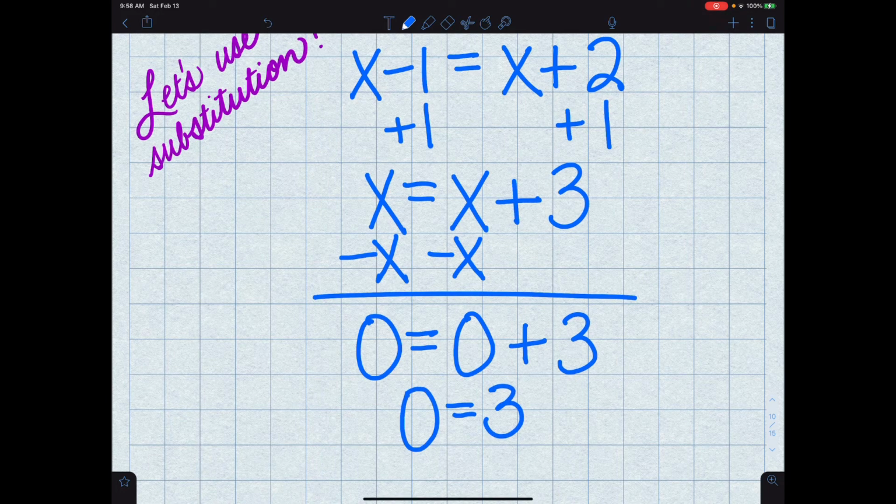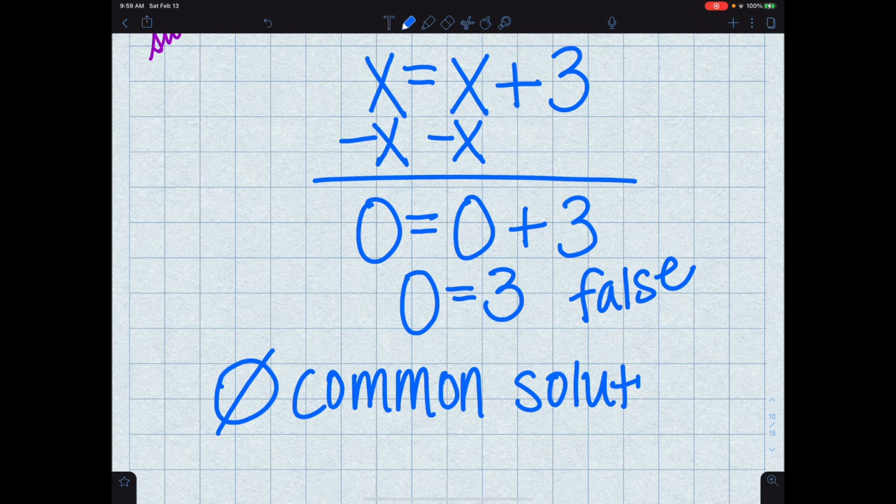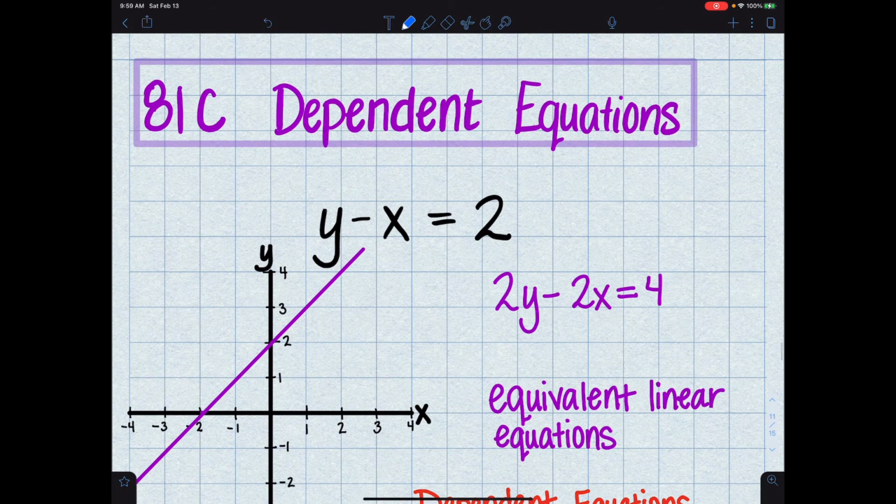No, that failed. So that's false. If that's false, then the original equations have no common solution. That means they must be parallel lines. So cool. All right, so those were inconsistent equations.